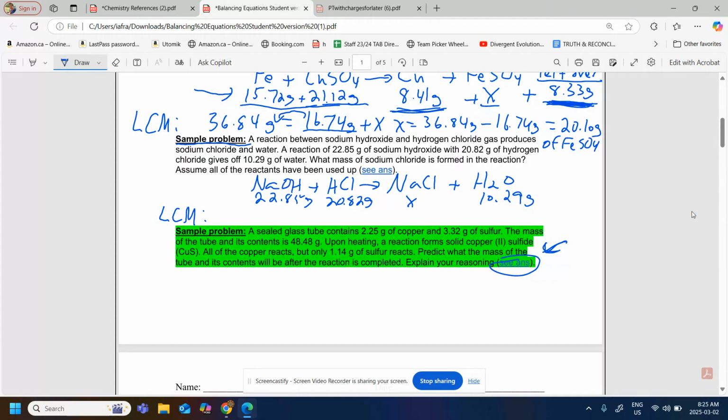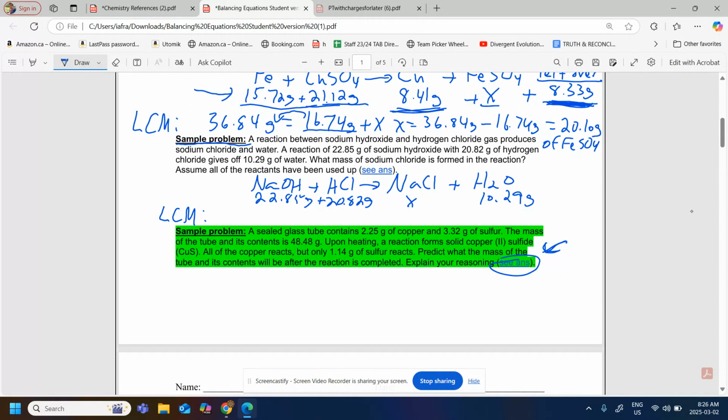So mass-wise, the total mass of the reactants is 22 plus 20, that's 42.8. Then plus another 0.8 would make it 43.16.